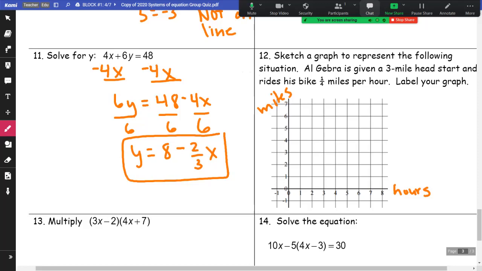So he's going to start at 3. And then we're going to go up 1 over 1, 2, 3, 4. Up 1 over 1, 2, 3, 4. And, whoops, sorry, I was trying to erase.